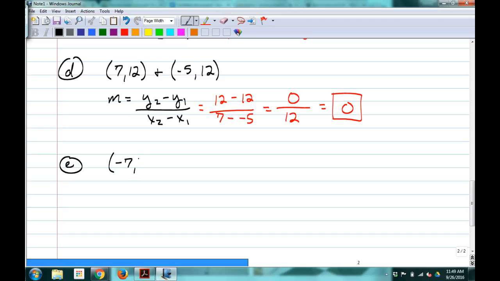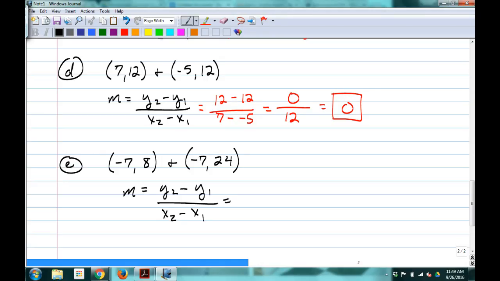Let's say we had -7, 8, and -7, 24. I want to find the slope of the line that connects those two dots. Y2 minus Y1 over X2 minus X1. Which Y value do you want to start with? -7 is not a Y. So 24 is what I would probably start with. 24 minus 8.